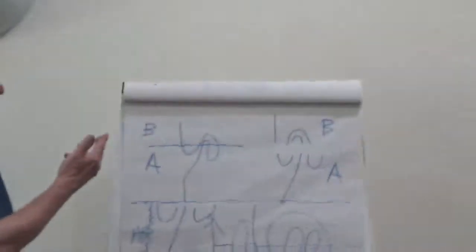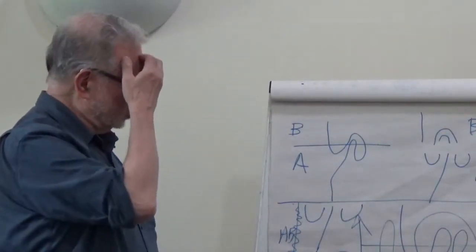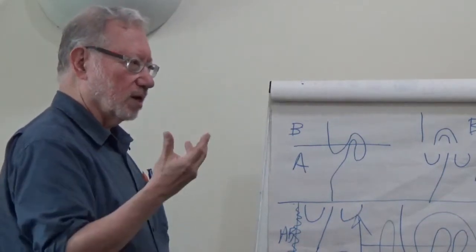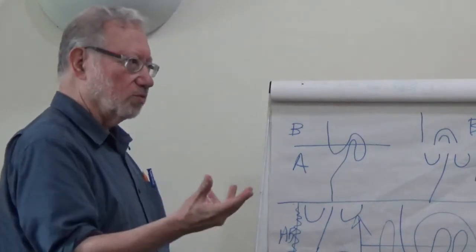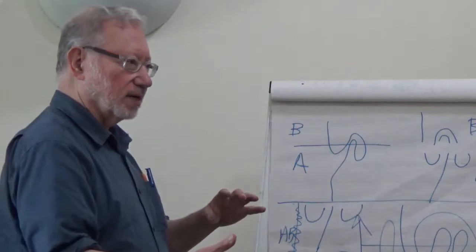Well, I have a mapping from the category to itself, right? And that mapping happens to take objects to the same objects, but it takes morphisms to some new morphisms. And it preserves compositions, right?